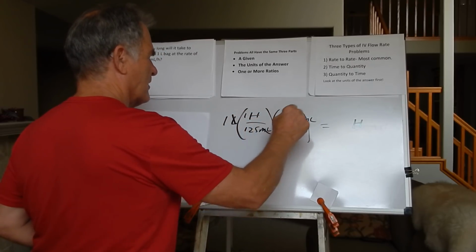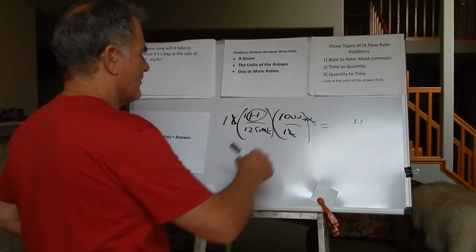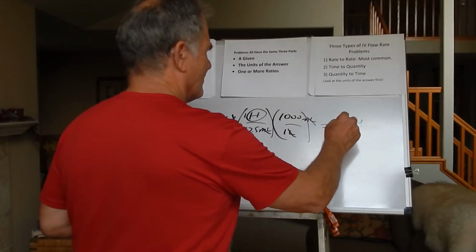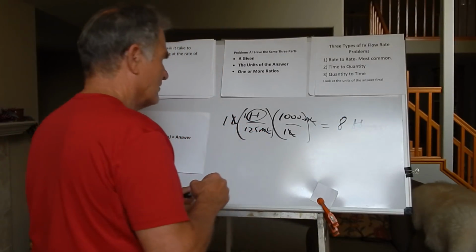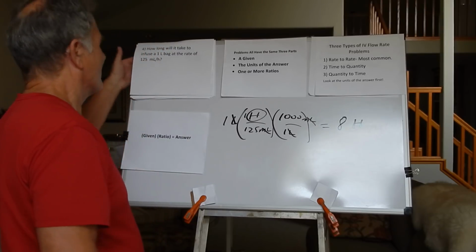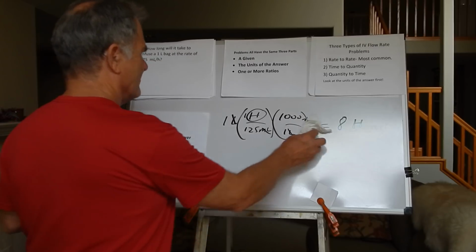That cancels, mLs cancel. Now you're left with hour. So you have 1,000 divided by 125, and that's 8 hours, right? Okay, so that's all the IV flow rate questions.